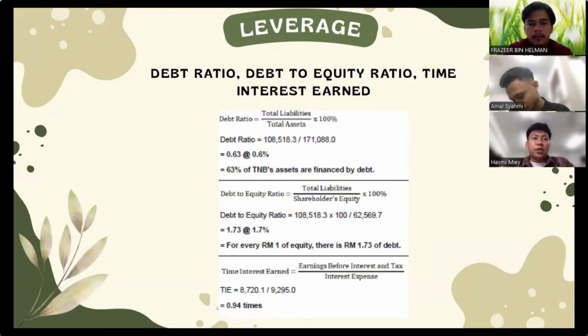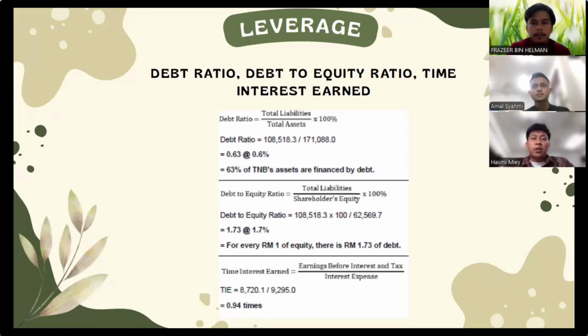The first is the debt ratio for TNB is 0.63, meaning 63% of assets are financed by debt. The second is the debt to equity ratio is 1.70 times, indicating a high level of leverage.